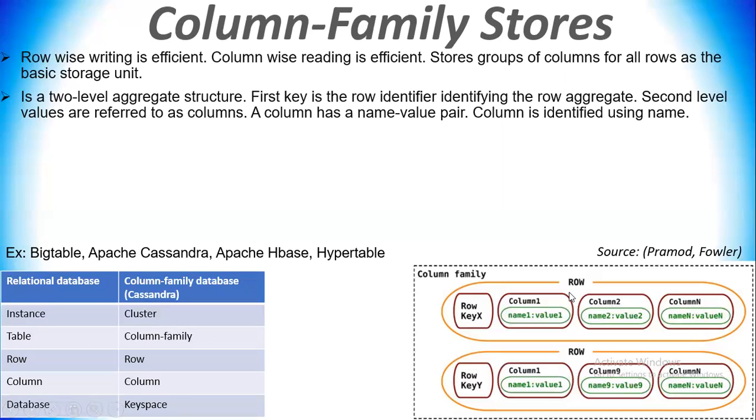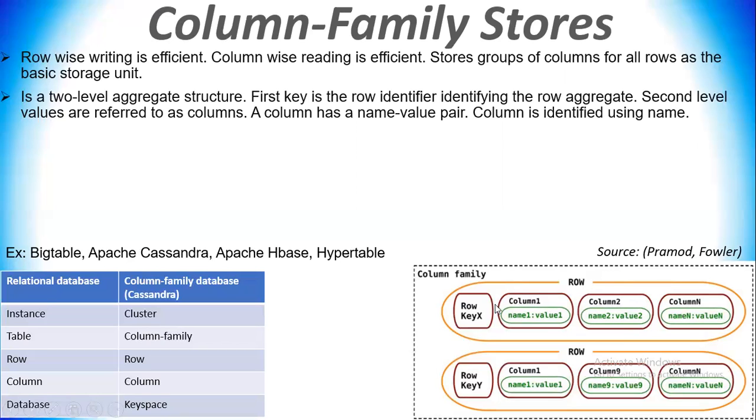The second level is what is inside the columns. So what is inside a column? Name value, name value, name value. So this is the second level aggregation. What is contained in a column within a row is the second level aggregation.